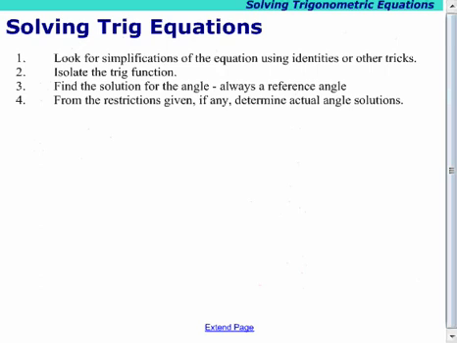Here's a few steps that I've found to be useful in solving trig equations. First, look for any kind of simplifications or identities or any other kind of trick that might be useful. There might be some factoring that you have to do. You might use the addition, subtraction principle, that kind of stuff. Then you want to isolate the trig function. So move whatever you have.